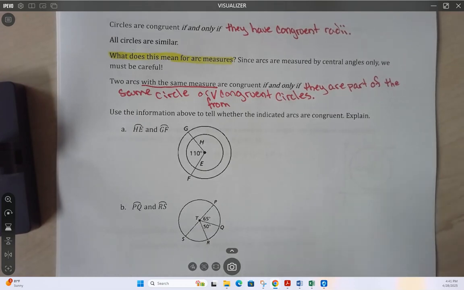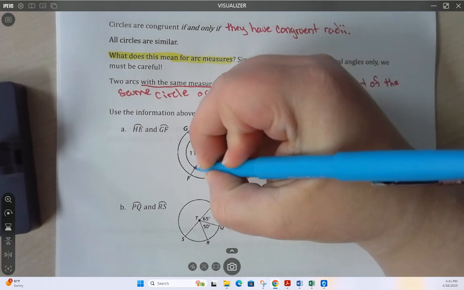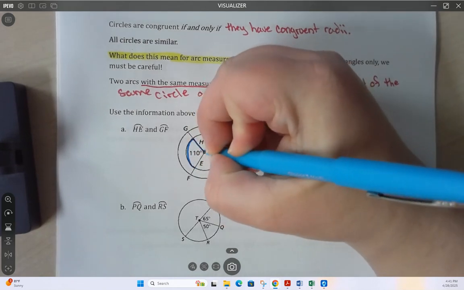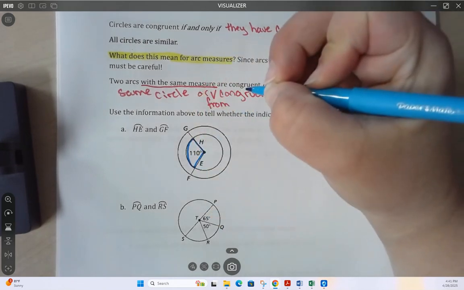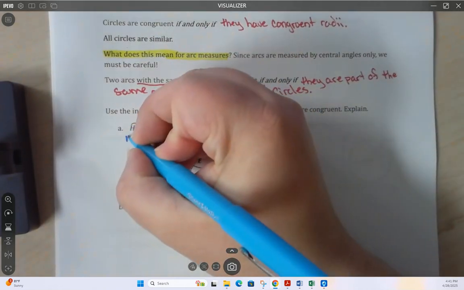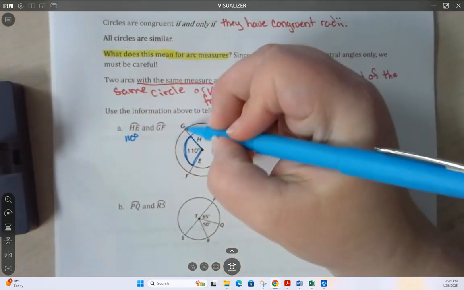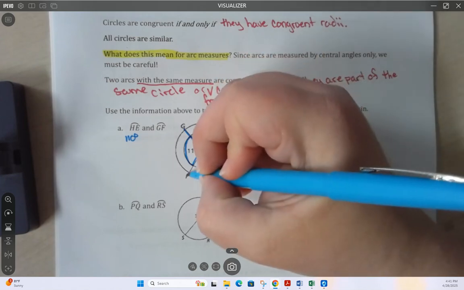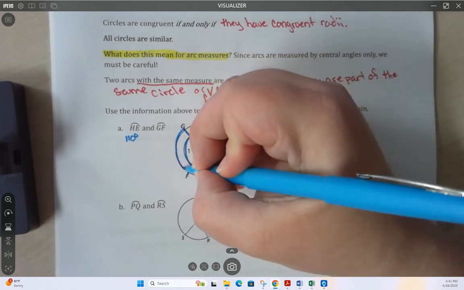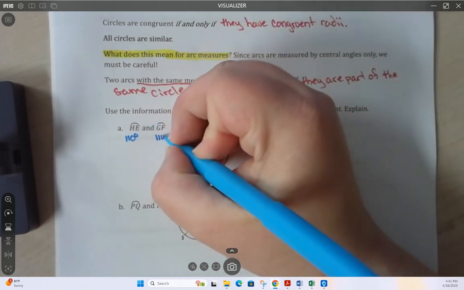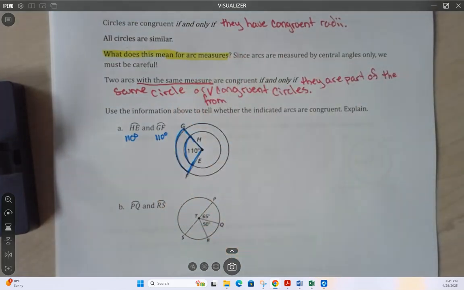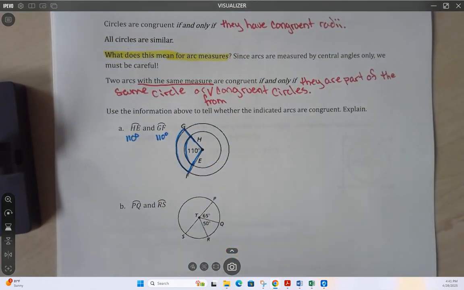So if I look at the arc measure of HE, that central angle is 110 degrees. Now GF is also 110 degrees. So if we look at just the arc measure, we are going to be very tempted to say that yes, they are congruent, but they're not.